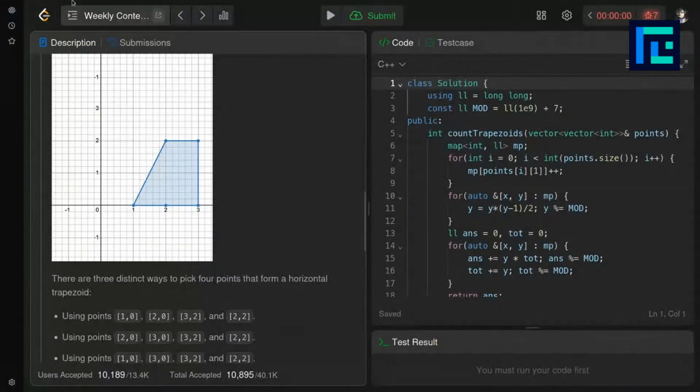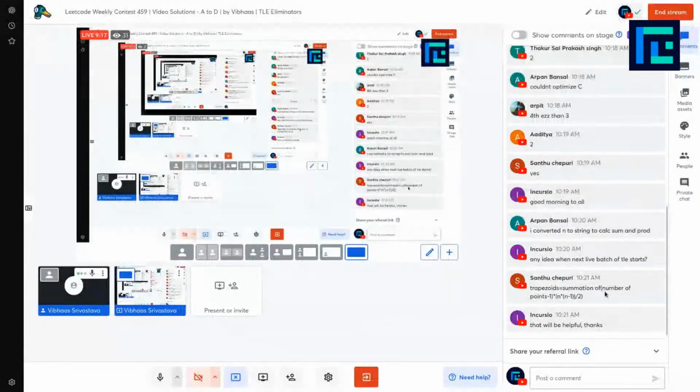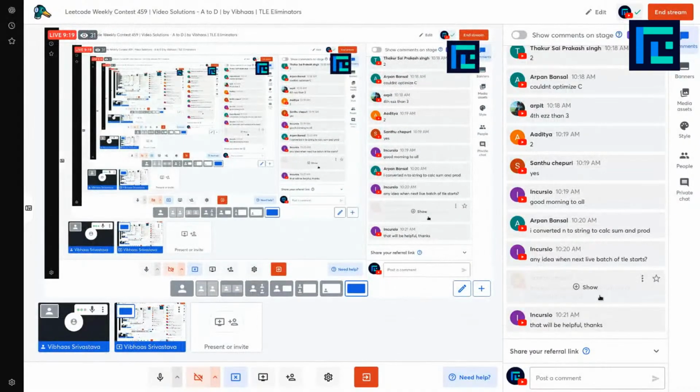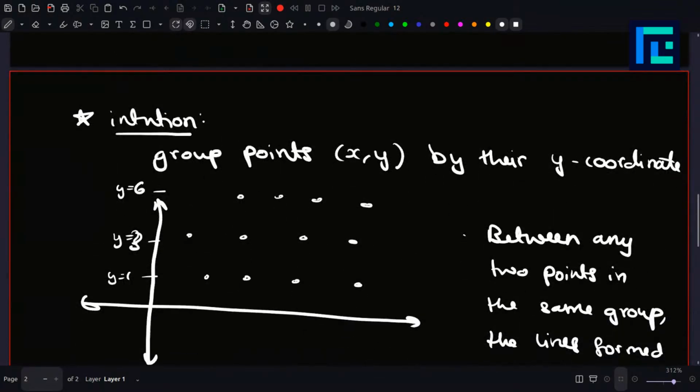Okay, does that make sense? If this is not making sense, someone put it in the chat. Otherwise, I'll continue. I'm assuming that this made sense. So between any 2 points in the same group, what is the group? Group means they have the same y value. Then the lines formed will be parallel to the x-axis between any 2 of these points.